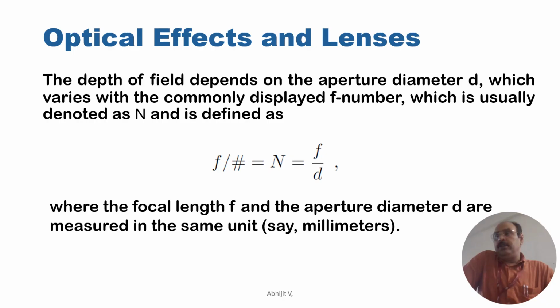The depth variation depends upon only two factors: the focal length f and the aperture diameter.